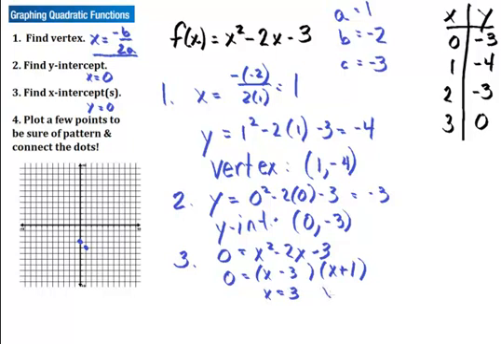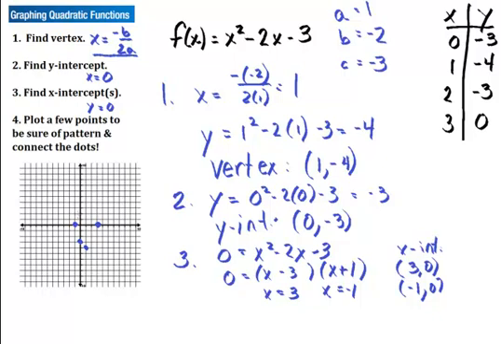X is 3 or X is -1. So X-intercepts are 3, 0 and -1, 0. And I'm going to put both of those dots, 1, 2, 3, on my grid, and -1, 0. Look how beautiful and symmetric that is.